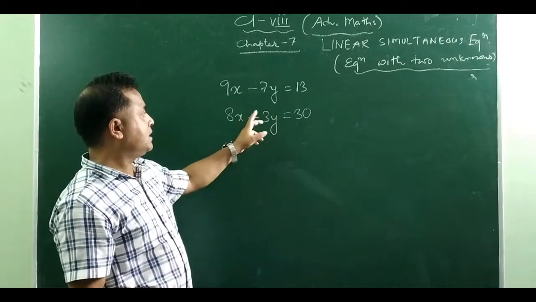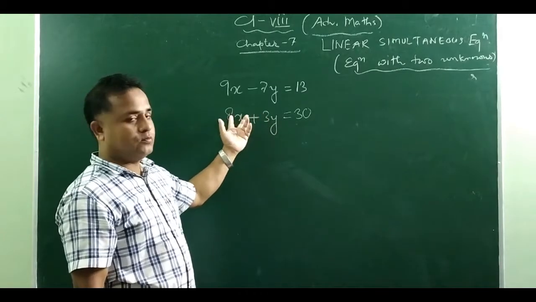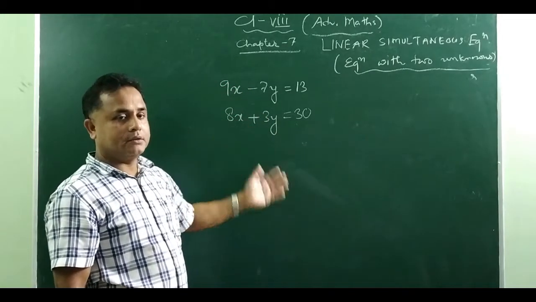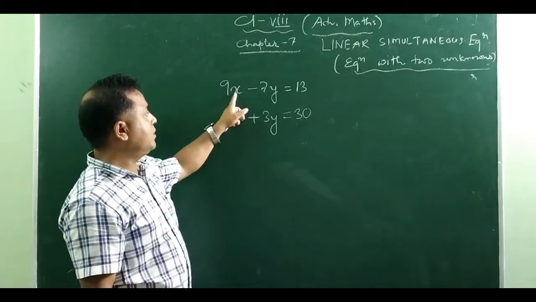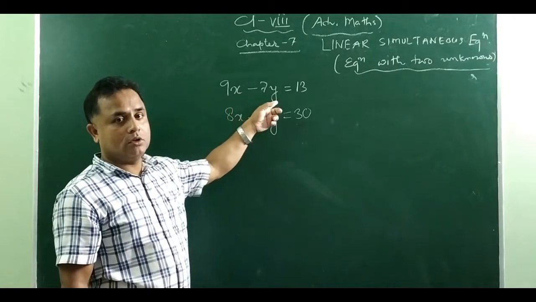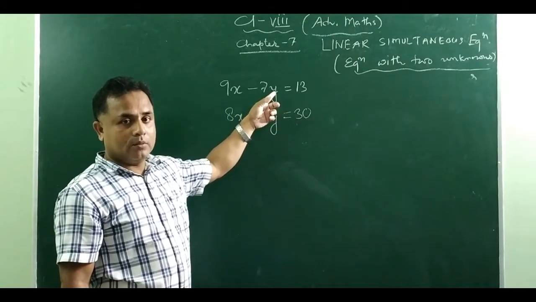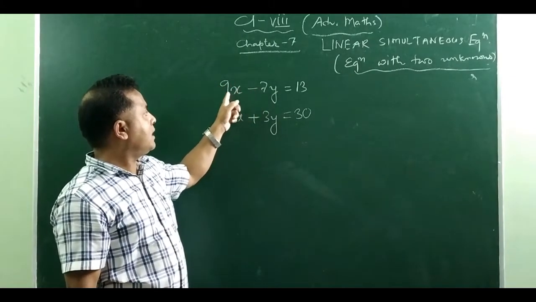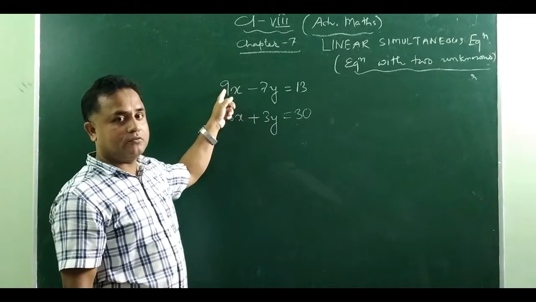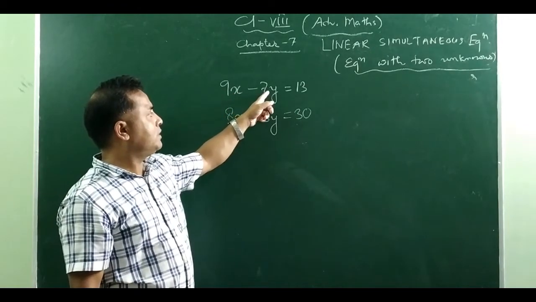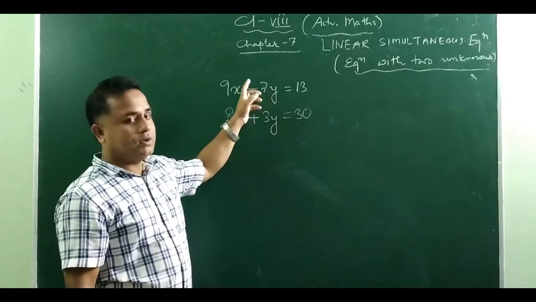So we can change the positions so that each is in its own line. Now here the variables are x and y, the unknown values. The numbers 9 and 7 attached to the variables are the coefficients: 9 is the coefficient of x, and 7 is the coefficient of y.